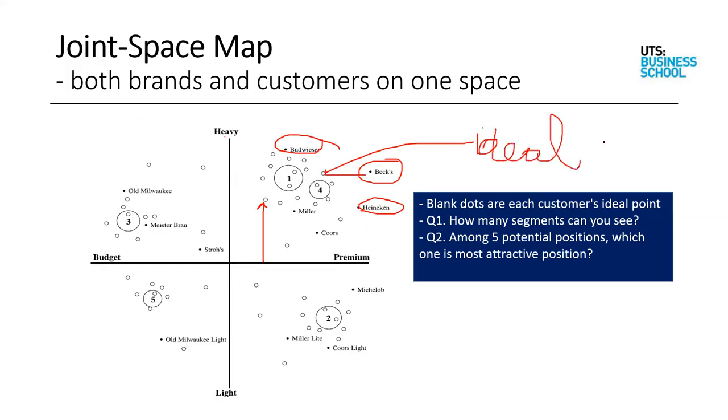So what does that mean? The ideal point means while the brands are, for example, Budweiser is higher on the heavy side of the beer and it's a premium beer in this particular segment, but this consumer's ideal point is this: they would like a premium beer, which is not as heavy, slightly less heavy, if we can call it.